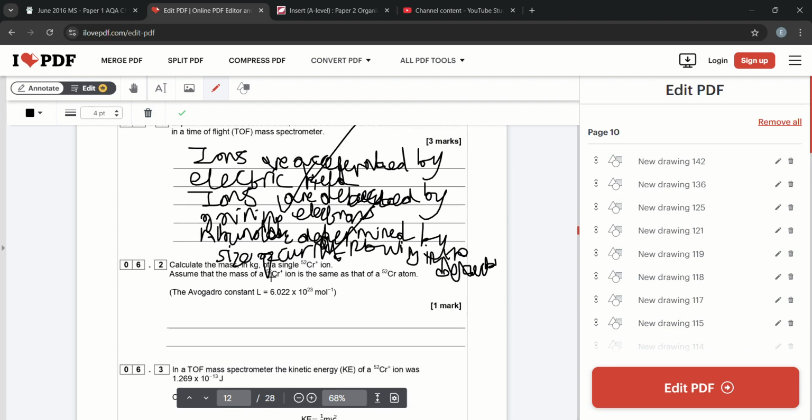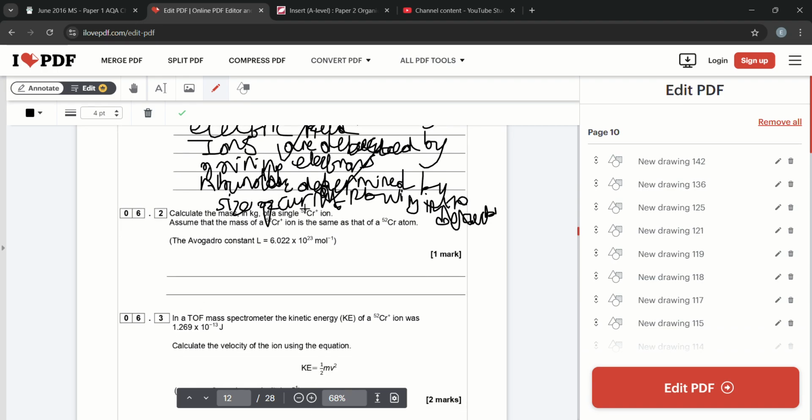6.2. Calculate the mass of a single 52Cr+ ion in kg. So we're going to do 52 times 10 to the power minus 3, divided by 1000, because we're trying to find the mass of an ion, divided by Avogadro's constant L, which is 6.022 times 10 to the power 23, given in the question.